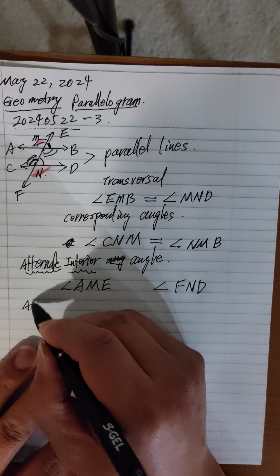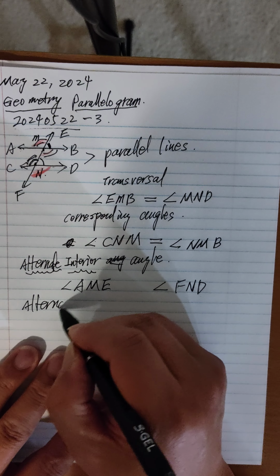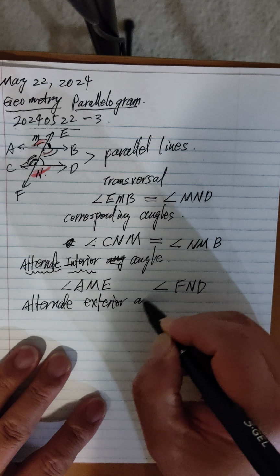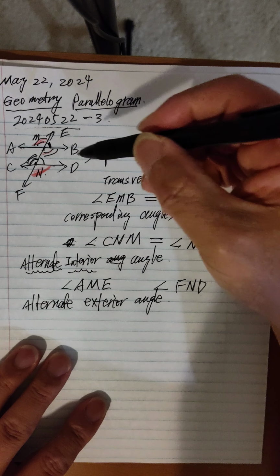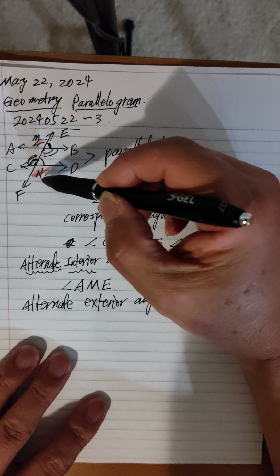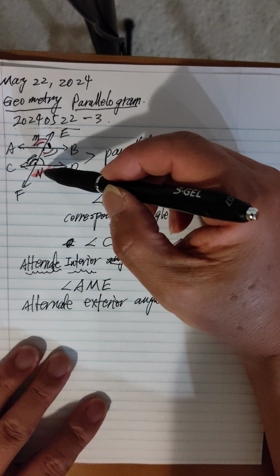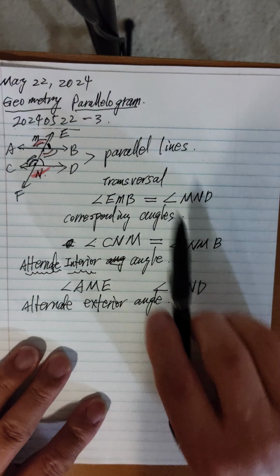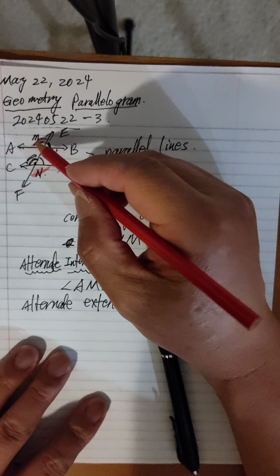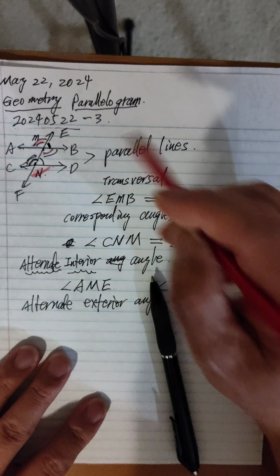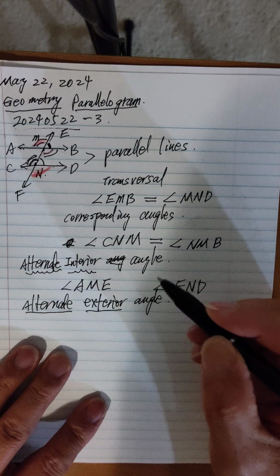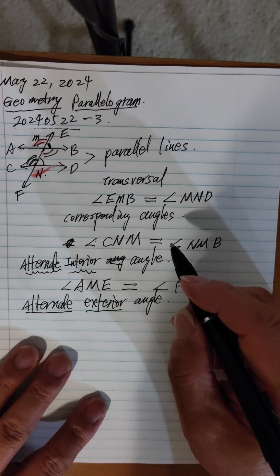Those two angles are called alternate exterior angles. Alternate again, one is on the left hand side of the transversal line, another one is on the right hand side of the transversal line. Exterior means if we view those two parallel lines, those angles are outside of those two parallel lines. So that's why it is called alternate exterior angle. Again, those two angles are the same.